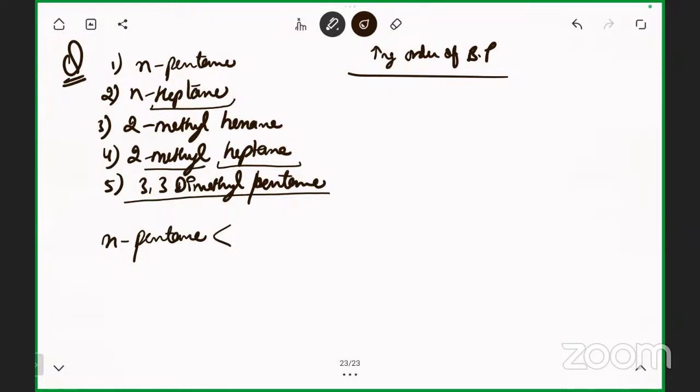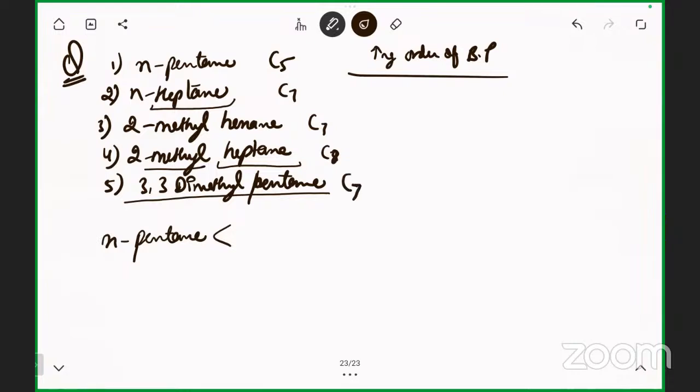First write the number of carbon atoms: in this compound 5 carbon, in this 7, in this again 7, in this 8, and here 7 carbon.